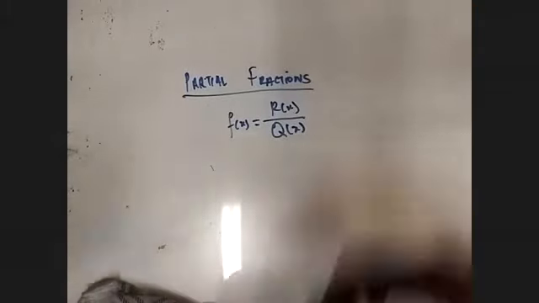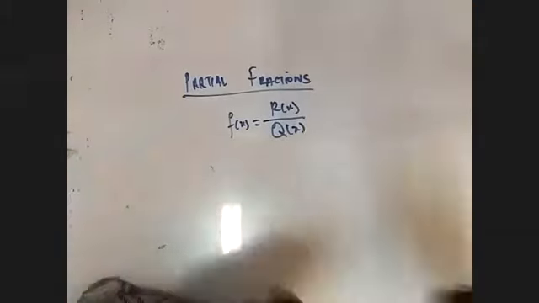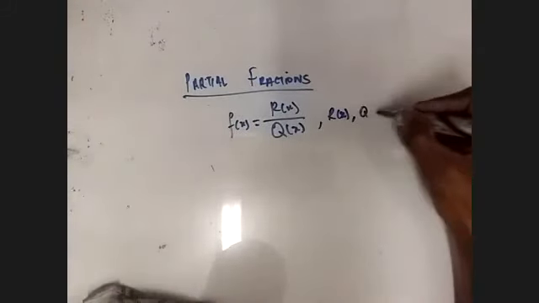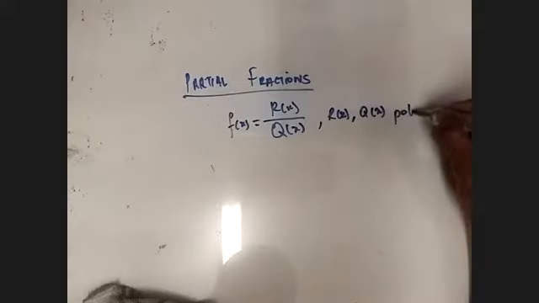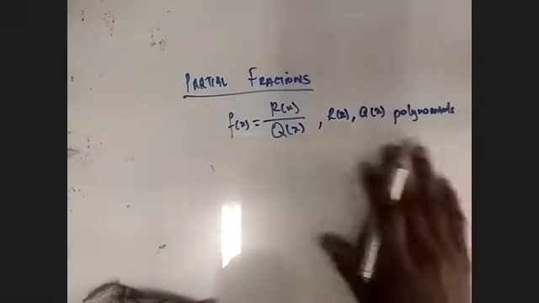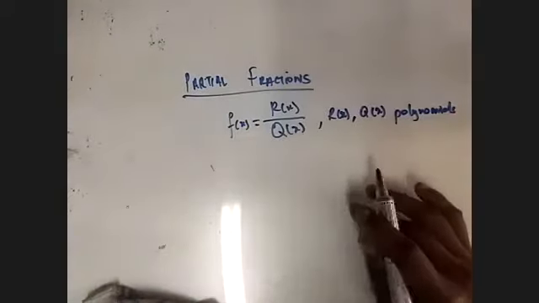Both these functions, r of x and q of x, are polynomials. You know what we mean when we say a function is a polynomial, okay?